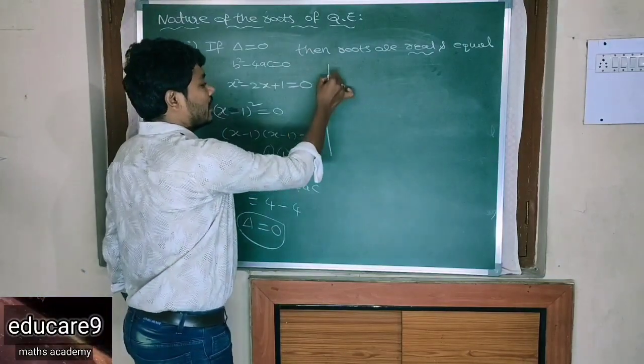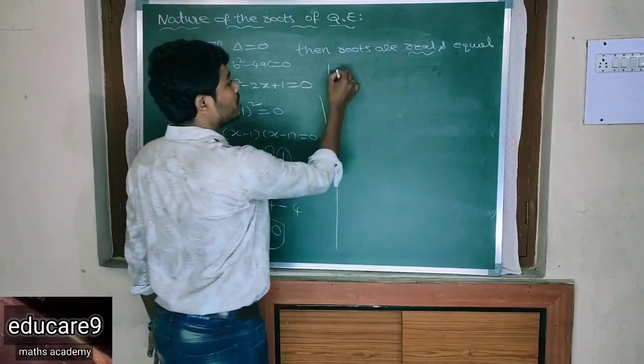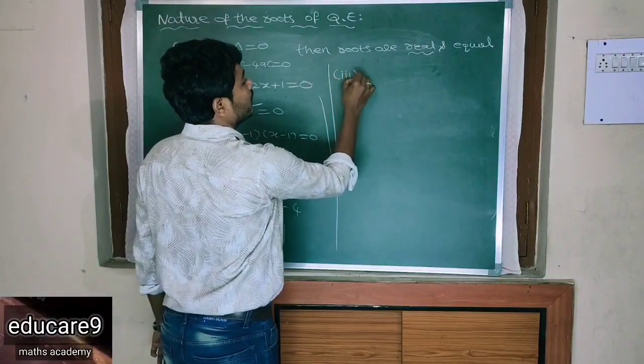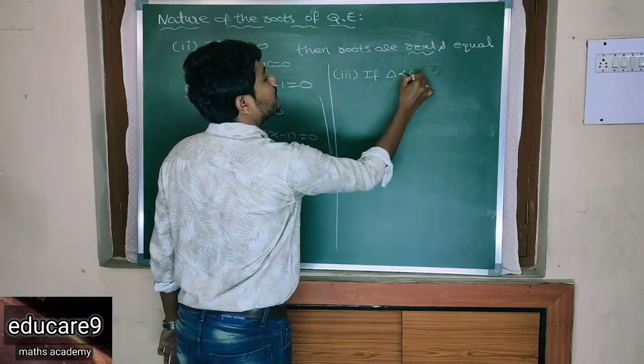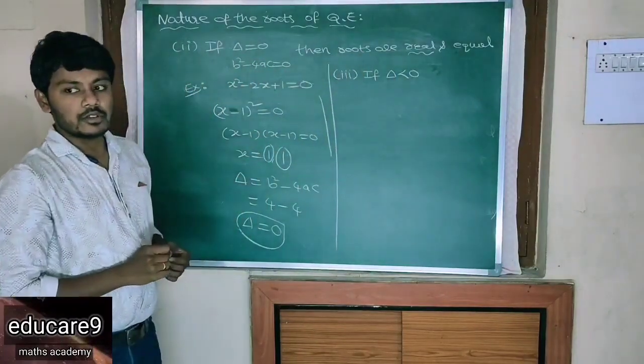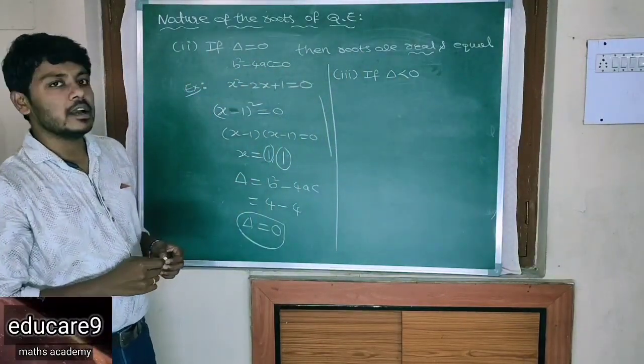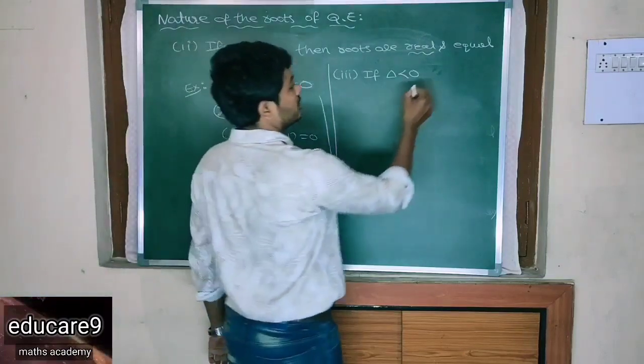And last case, if delta is less than 0, so in that case roots are complex numbers.